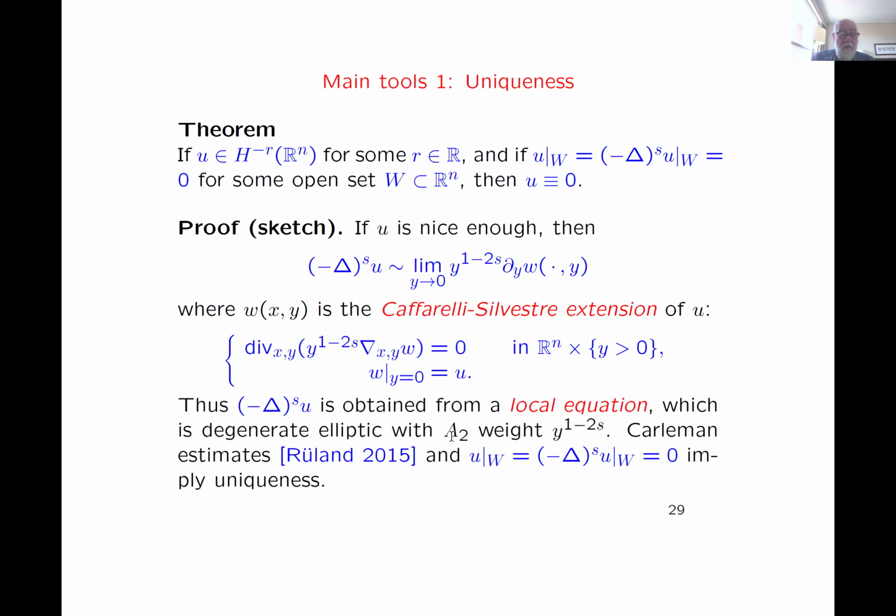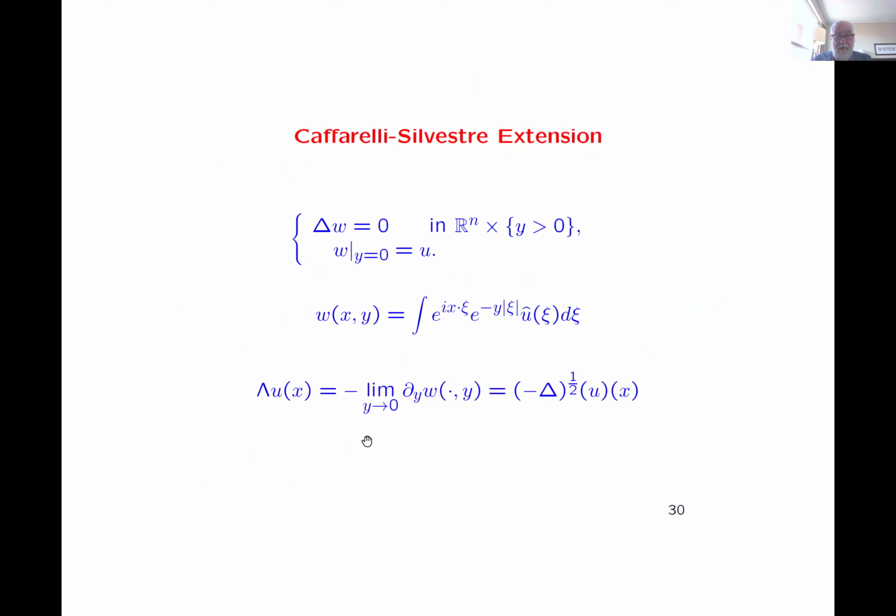It's called an A2 weight in harmonic analysis. And Ruland proved Carleman estimates and unique continuation for this case. And that's what one uses. It's a very nice paper of Ruland and opened up the field.